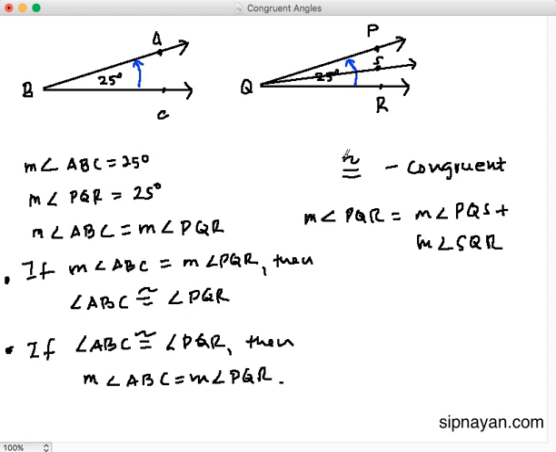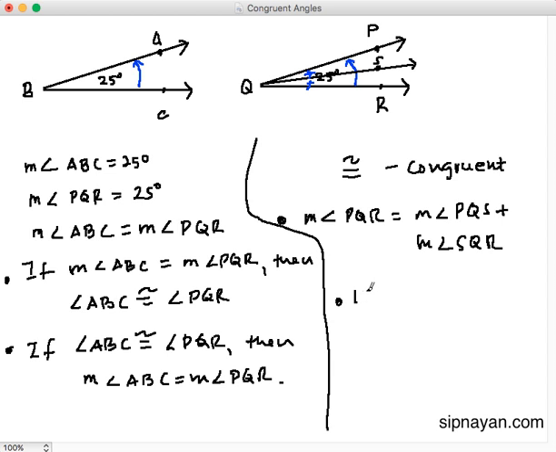And pag equal yung dalawang yan, if these two smaller angles are equal, if they are congruent, then sasabihin mo that QS is the angle bisector of the angle PQR. So this is another concept, siguro lagyan natin ng border.